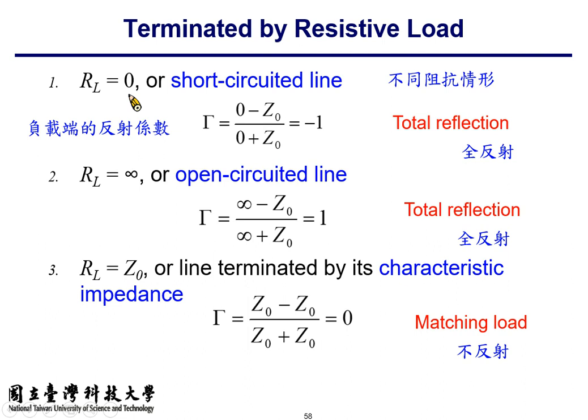The reflected signal magnitude is the same as the incident signal magnitude for both the short circuit line and the open circuit line. The only difference is there is a 180-degree phase difference for the short circuit line. For the open circuit line, the reflected signal has the same magnitude and the same phase as the incident signal.